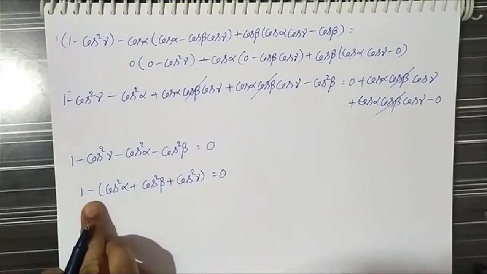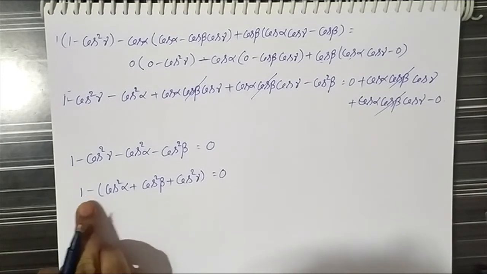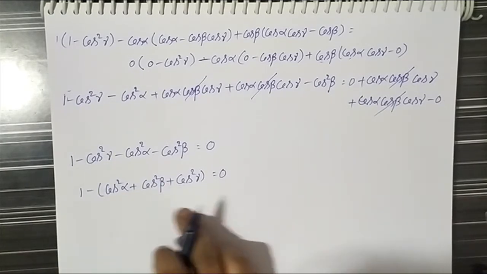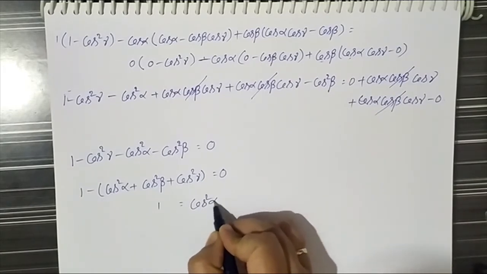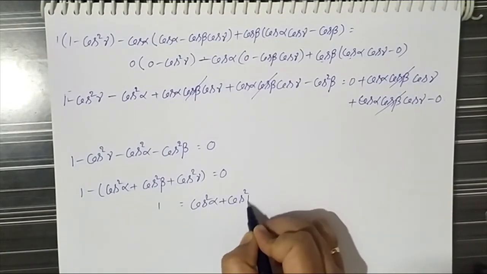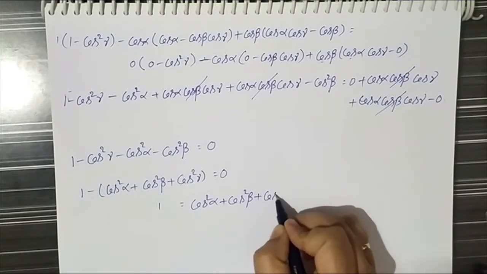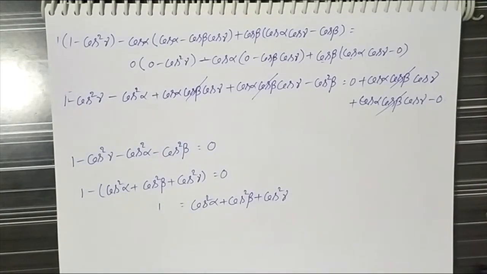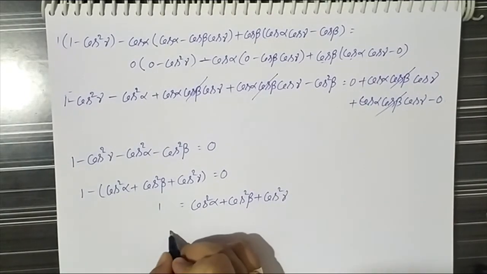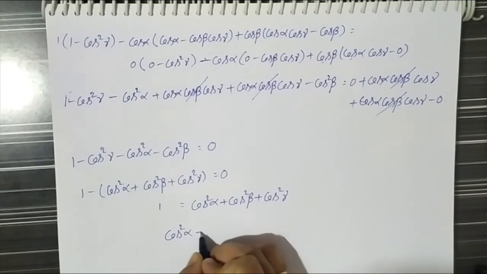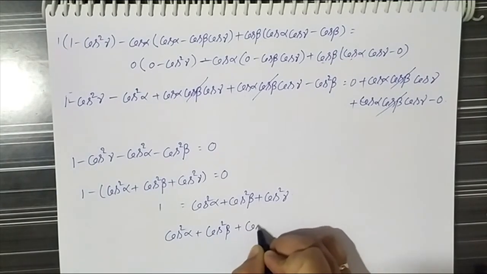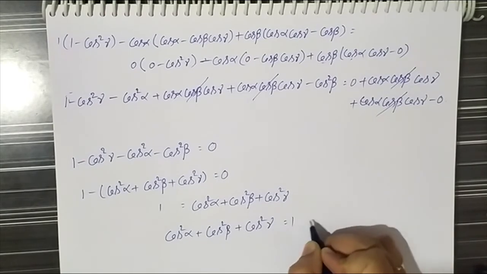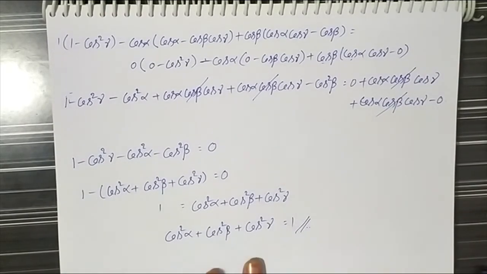Here, taking the minus common and sending this term to the RHS, 1 equals cos square alpha plus cos square beta plus cos square gamma. This can be written as cos square alpha plus cos square beta plus cos square gamma equals 1. This is the resulting value.